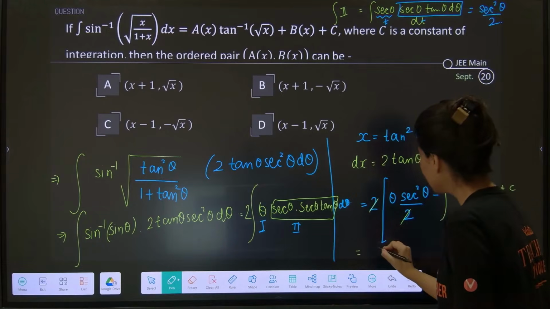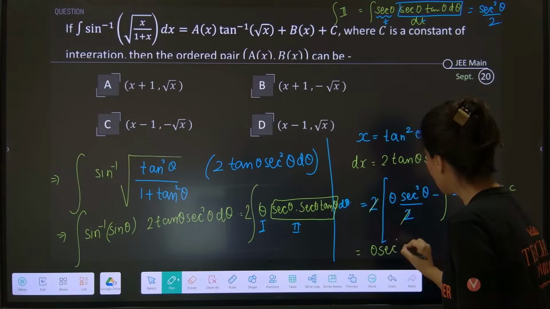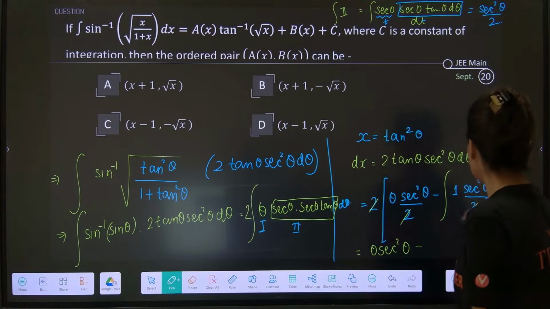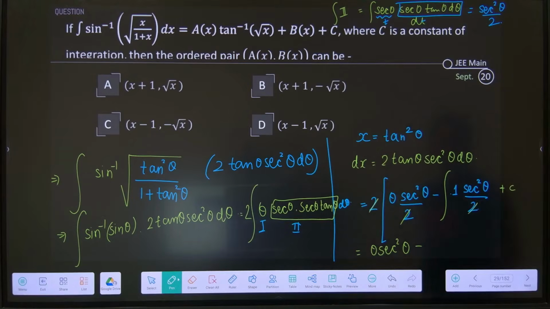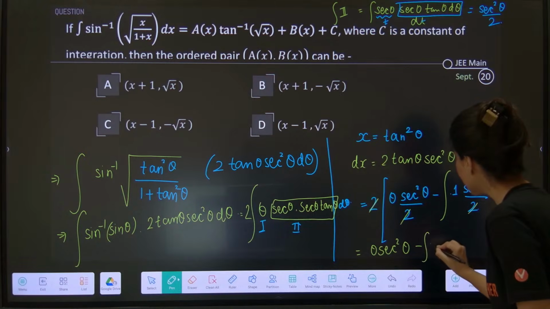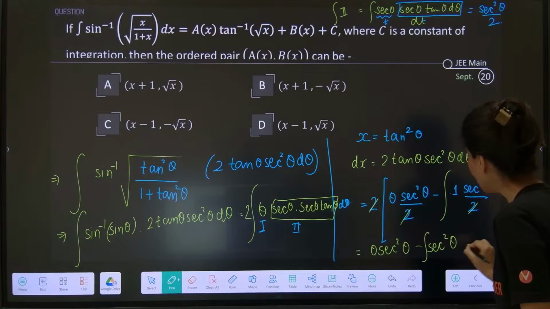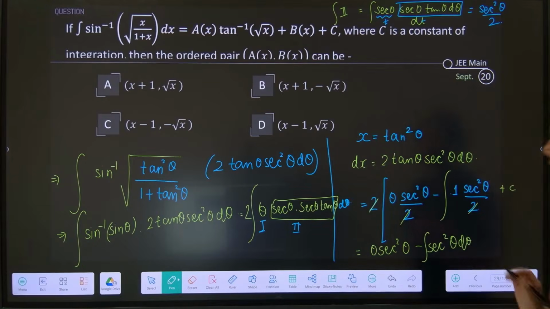So now the answer is theta sec square theta minus the integration of sec square theta. Do we have any formula for this? No. How to integrate this now? I think it will be done once we are able to do that.